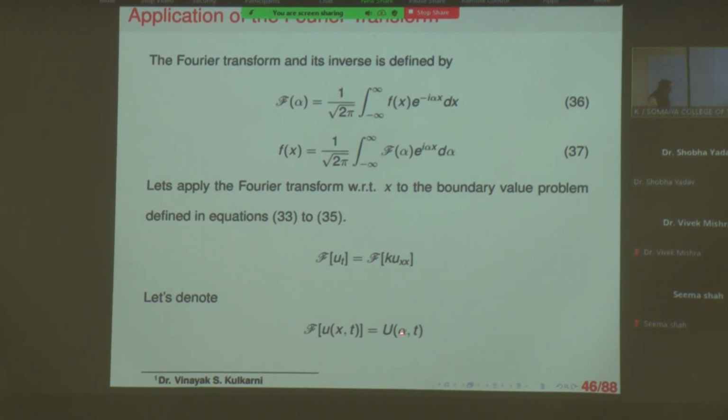Therefore, the integral transform of temperature u at a particular point x at a particular time instant t is denoted by capital U. Since we are applying the transform with respect to x, x will be shifted to the Fourier transform parameter alpha, and t will be carried forward as it is. These are the notations that we are going to use.